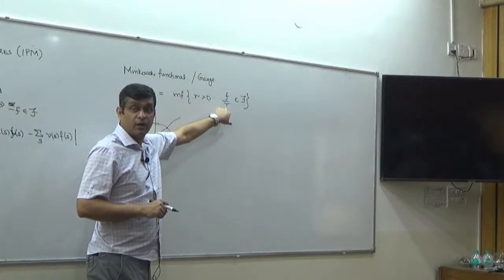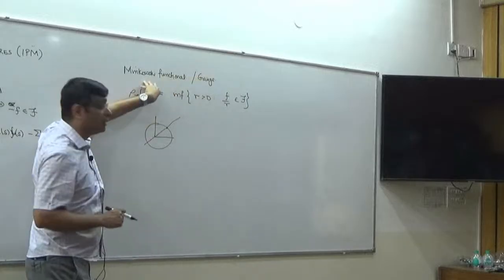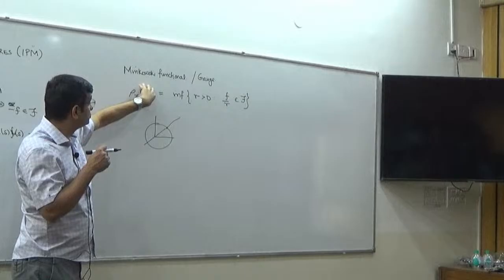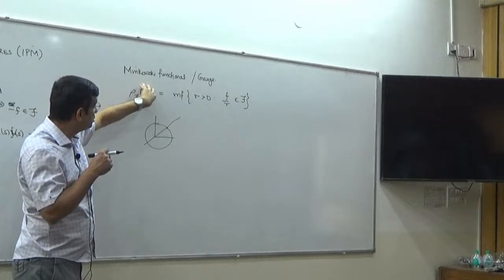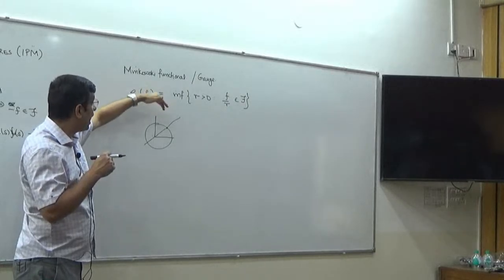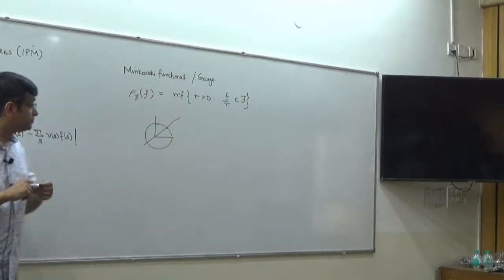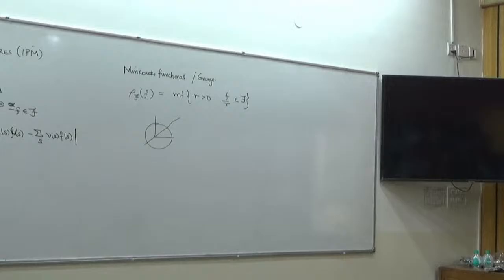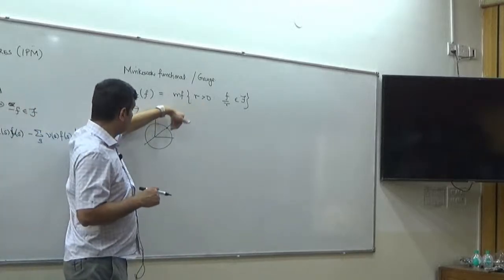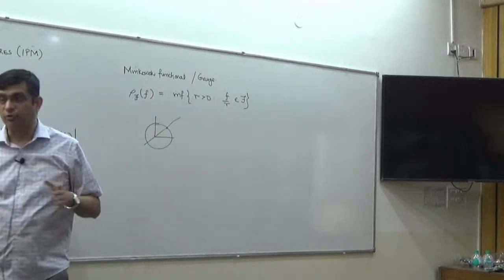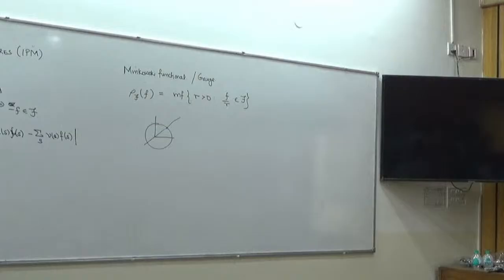So the Minkowski functional would be infinity, since I have to scale it down by infinity to bring it here. Or equivalently, there is no value of r which brings me to this function, and therefore the infimum of an empty set will be infinity, for whichever way you want to interpret it.